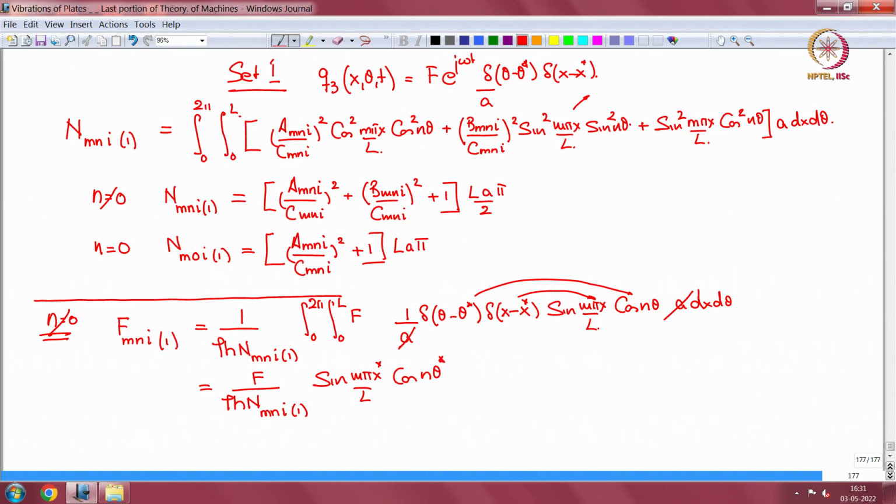So this covers n equal to 0 case also, nothing special need be done. If n was coming in the denominator and n goes to 0, we had to deal with limits, etc. But no problem. I can set n equal to 0.